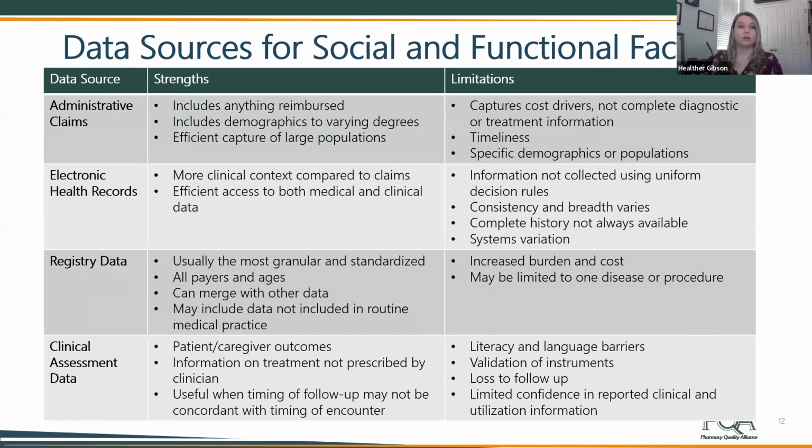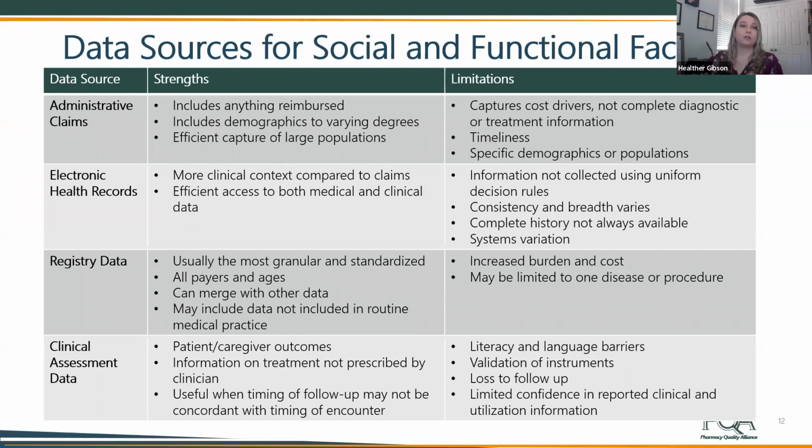EHRs, or electronic health records, have more clinical data and context compared to claims, and they're really efficient to access since the data are, as the name suggests, electronic. However, these data are not always structured or standardized in the way that they're collected. Registry data is usually the most granular and standardized when we're thinking in the context of capturing social and functional factors. However, there may be a little bit of an increased burden and costs associated with even just participation within a registry.